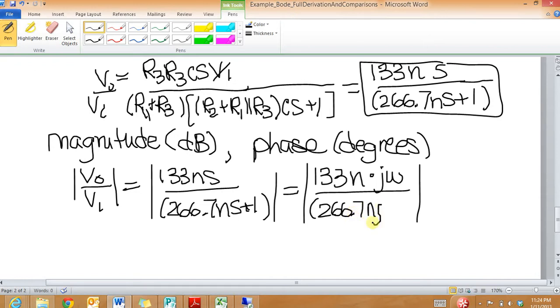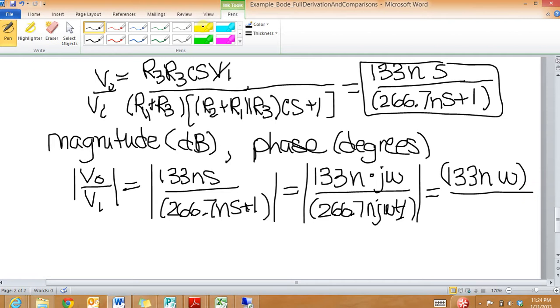And the magnitude of the top is going to be 133 nano times omega. And on the bottom, you have an imaginary number, and you have a real number.